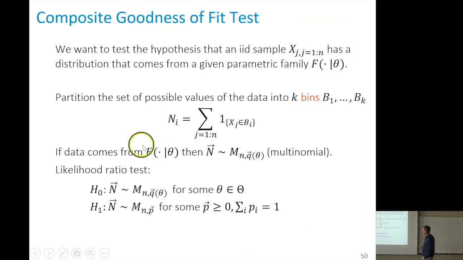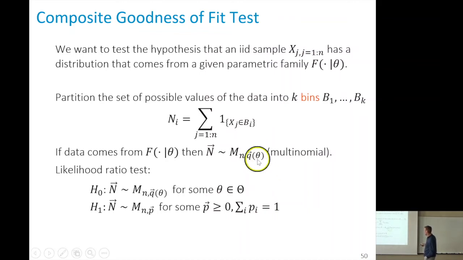If it is true that H0 holds, then we're able to compute the vector Q of theta, which is the probability that an arbitrary point falls into bin i of the histogram, at least numerically. If I have a Gaussian distribution, I need to compute what's the probability of a Gaussian distribution being between 0.1 and 0.2, for example. I can compute that once I know theta.